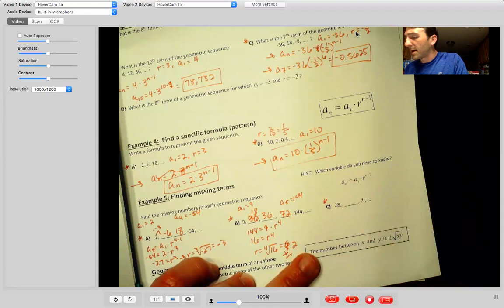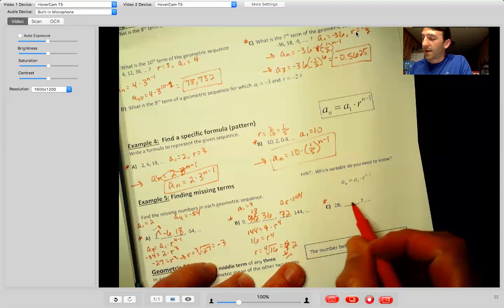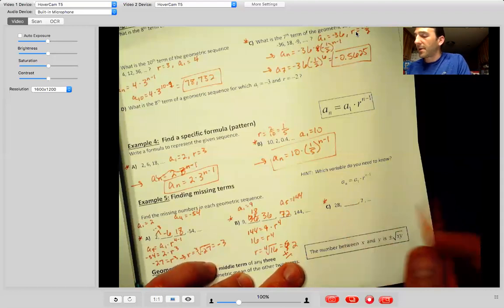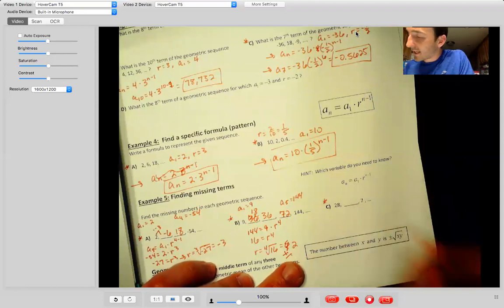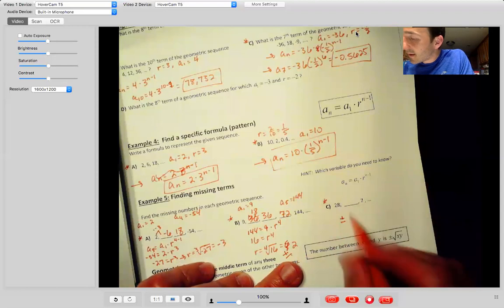Anyways, same thing on the last one. It's going to be plus or minus the square root of x times y. Basically, we find the mean when there's only one term in between. So there you go. Just quickly, the geometric mean is going to be right in between those two.